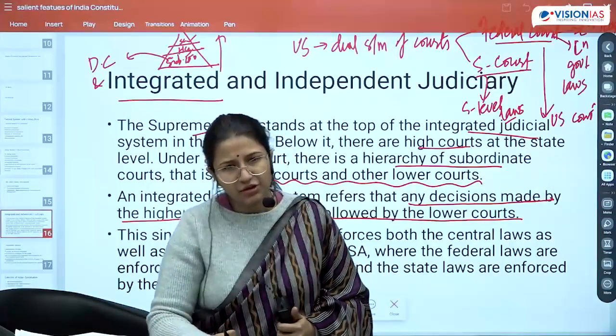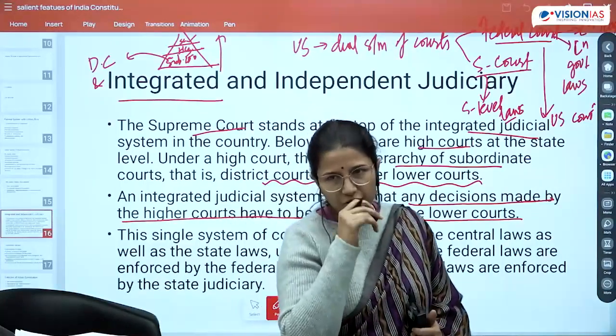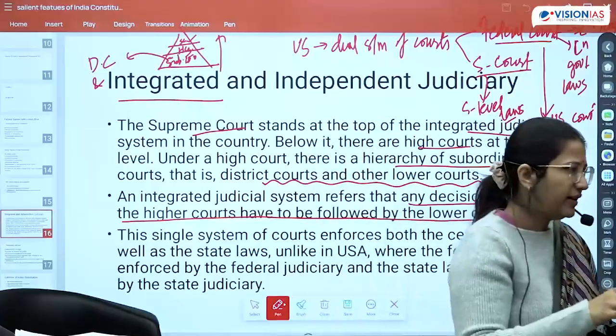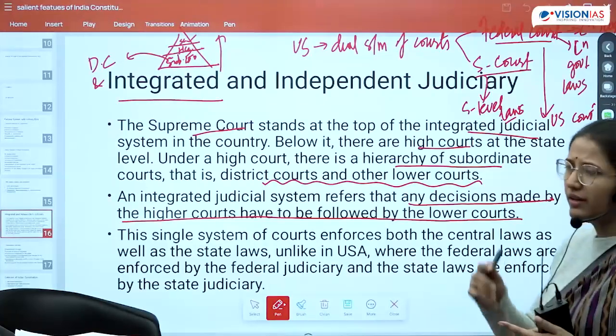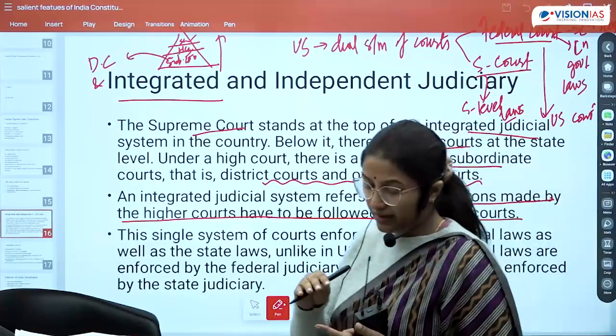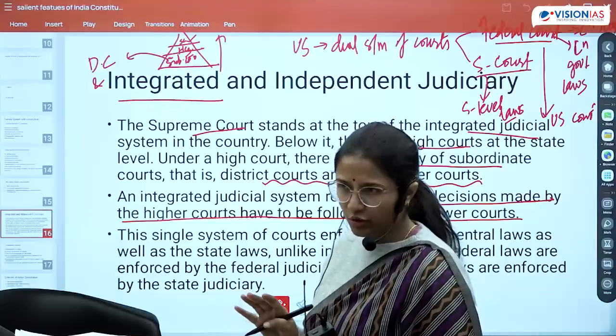Yes, fine. So this is what we mean by an integrated judiciary. In case of India, it is hierarchically organized. It is integrated, a single system of court, and a decision by a higher court is followed by the lower court.